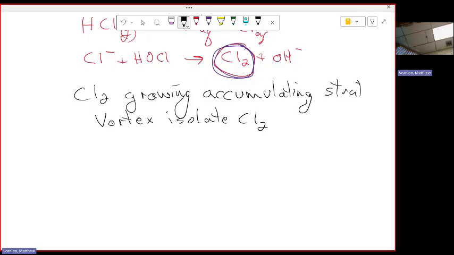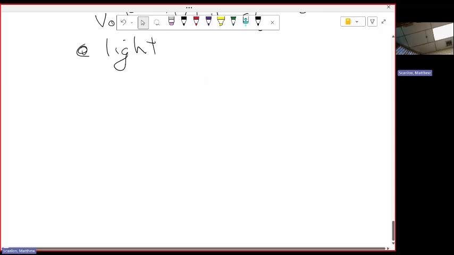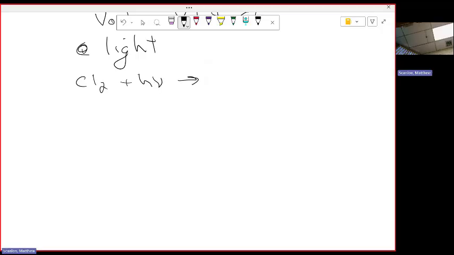So now we build up a cloud of Cl2 gas, and then in the springtime, we have light. So now the reaction that occurs is Cl2 plus hν, light, gives us 2 Cl. So Cl is a catalyst in mechanisms 1 and 2 for destruction of ozone.